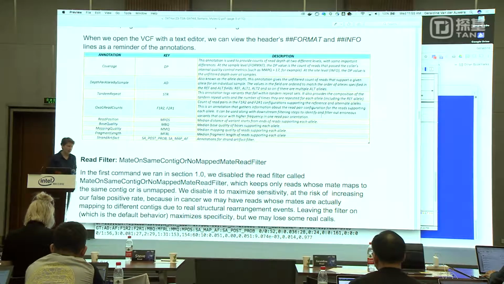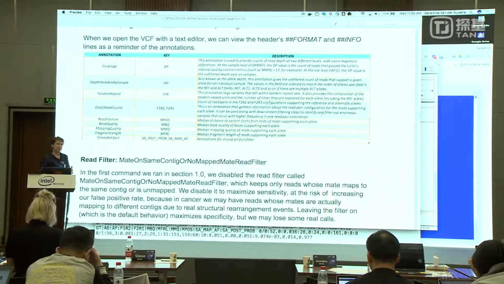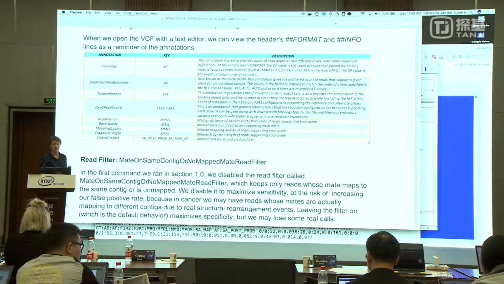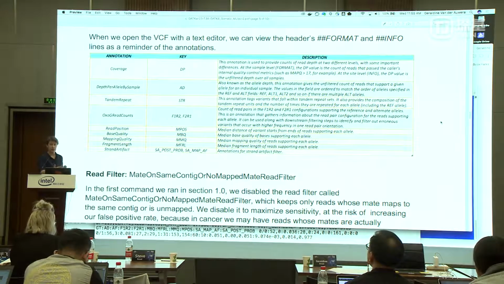I would say that the filtering is where a lot of the development is happening right now to try to refine how we filter, to really push our ability to provide highly sensitive results while still reducing the amount of false positives. And the science of this is not settled. So a lot of what I tell you is the current thinking, as much as possible. I can't guarantee that they haven't changed their minds since we talked last.